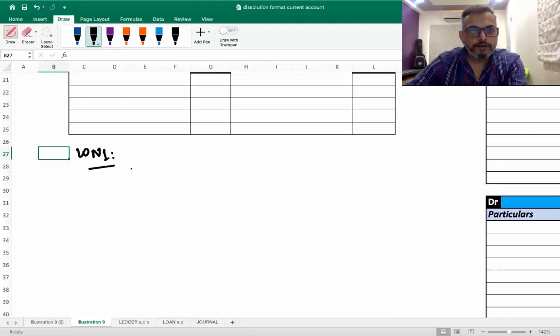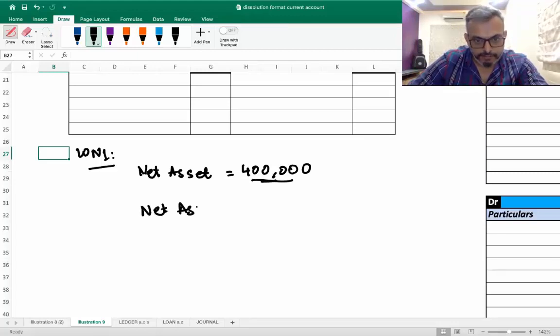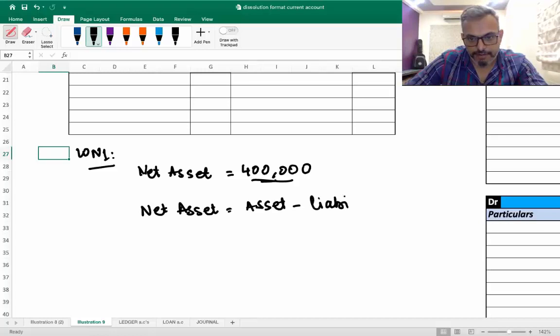Now what is given to us is that net asset of the firm is equal to 4 lakh. Now what is net asset? Net asset is equal to asset minus liabilities. So net asset given is 4 lakh.